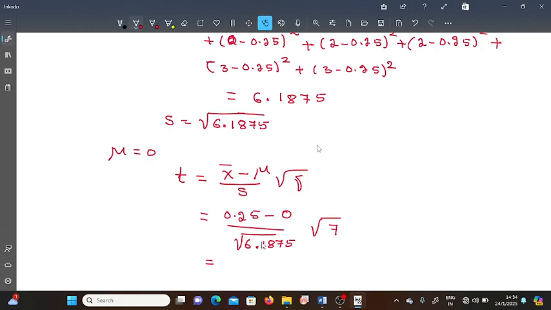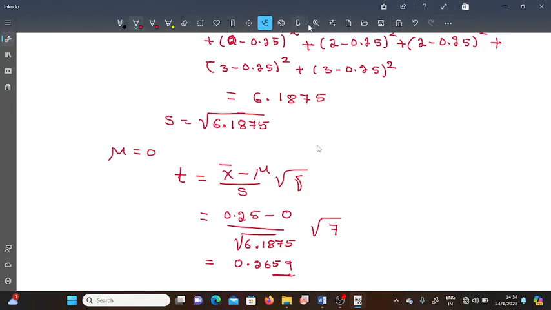After simplification, we get the student's t value as 0.2659. So this is how we can find the t statistic for the given set of values.